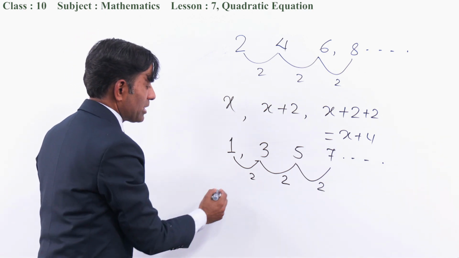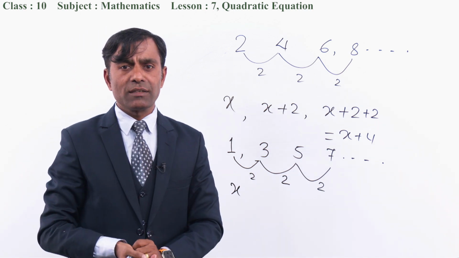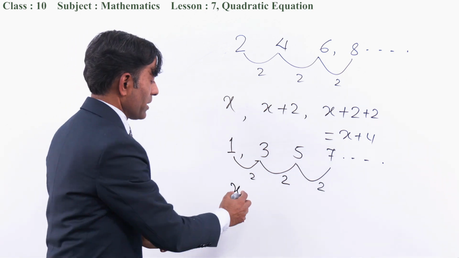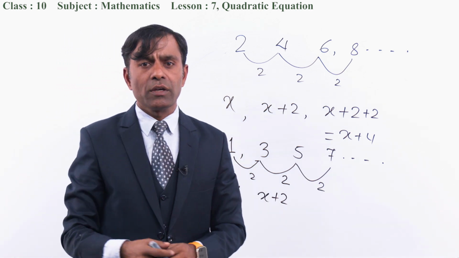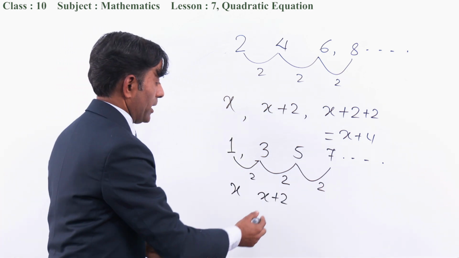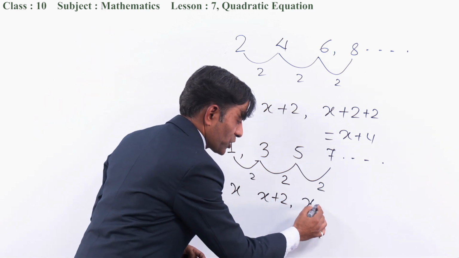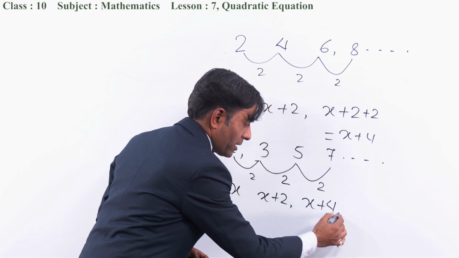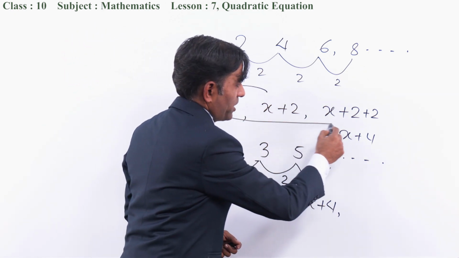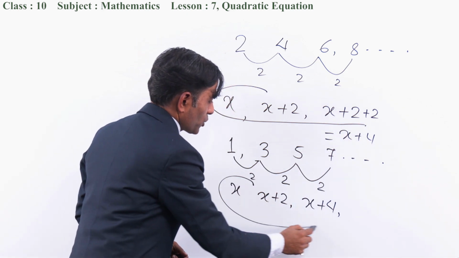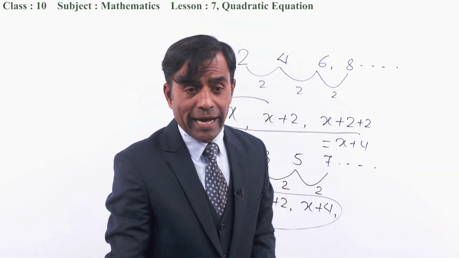If one odd number is x, its consecutive number is x plus 2, then x plus 2 plus 2, that is x plus 4, and so on, x plus 6. So consecutive even numbers and consecutive odd numbers are represented the same way, right?